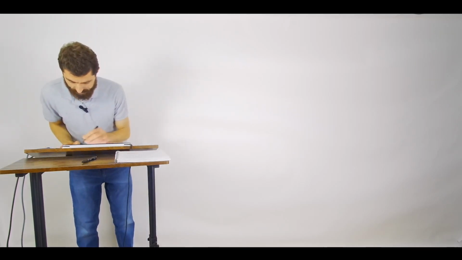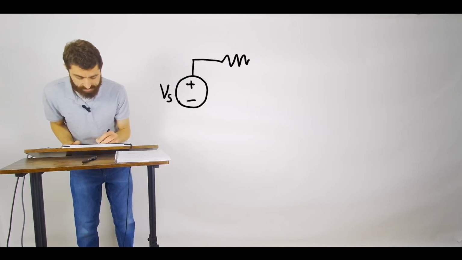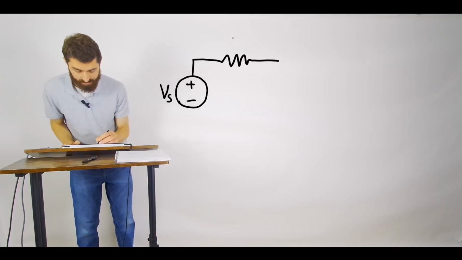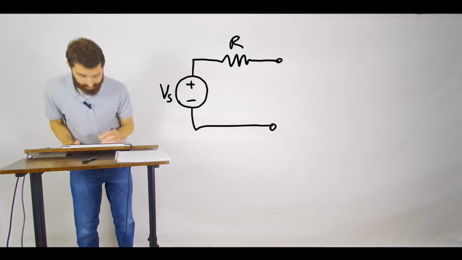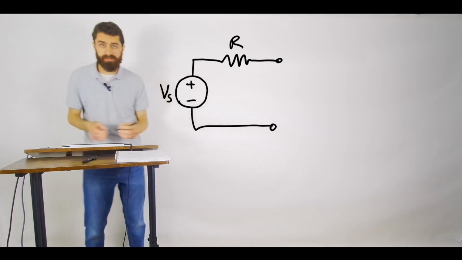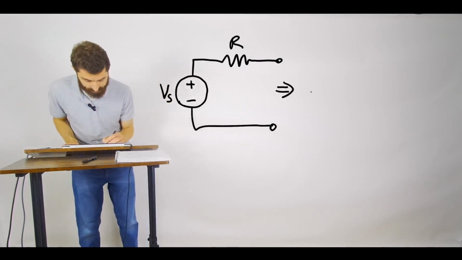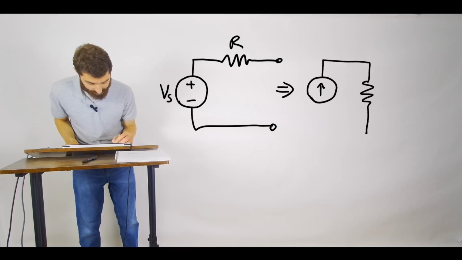So the idea behind source transformation is that if you have a voltage source, I'll call it Vs, in series with a resistor, I'll call that R. That circuit is equivalent, mathematically equivalent, to having a current source in parallel with the resistor.